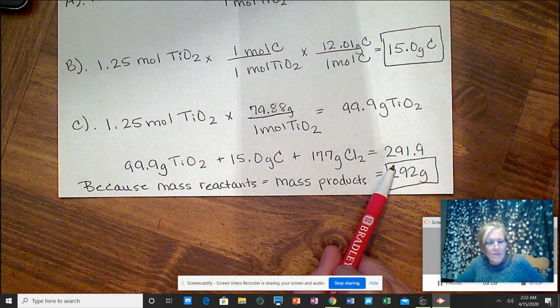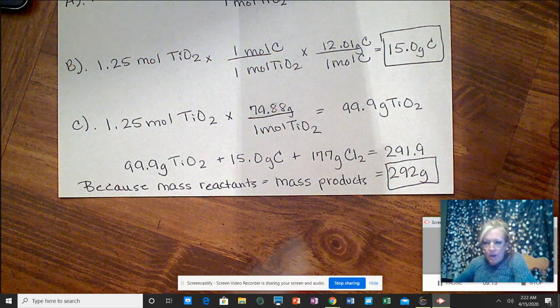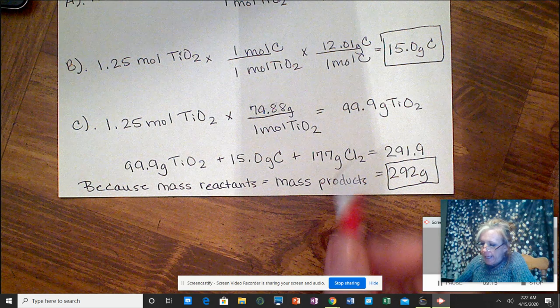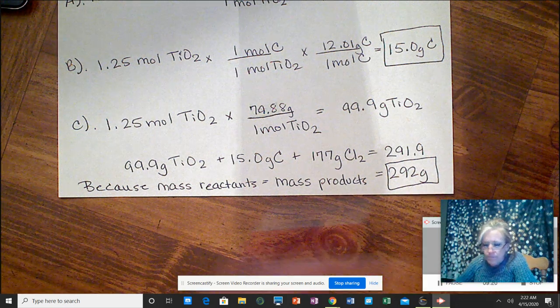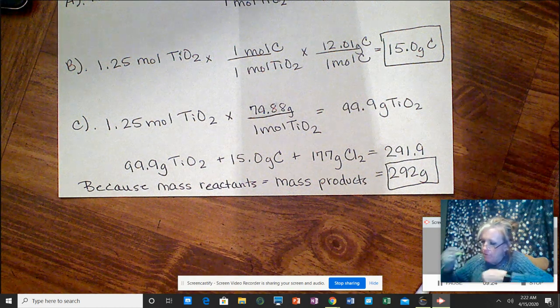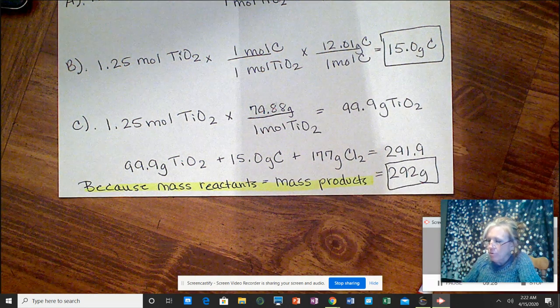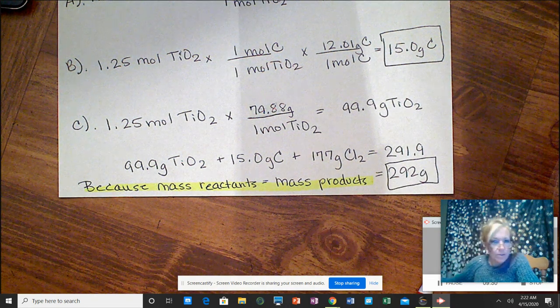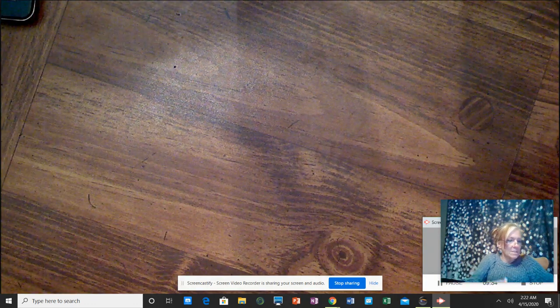I only want 3 sig figs because that's what I was working with the entire problem. And I get 292 grams. And again, I wrote here because the mass of the reactants equals the mass of the products, I can do it that way. Okay? All right. So that's 14.